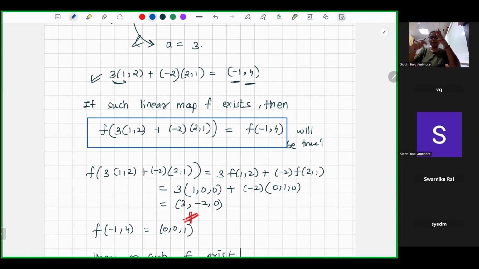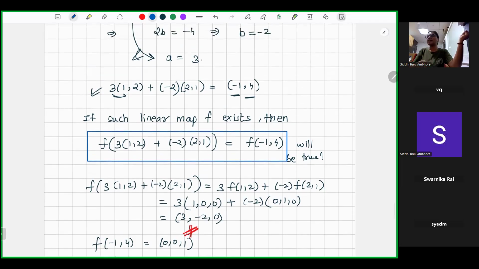If for example f is there, I have a basis, and at each element of the basis f will take some value. And if I want to represent the image of any other vector using that basis, then there is only a unique way to do that, because that v will be represented uniquely using this basis.